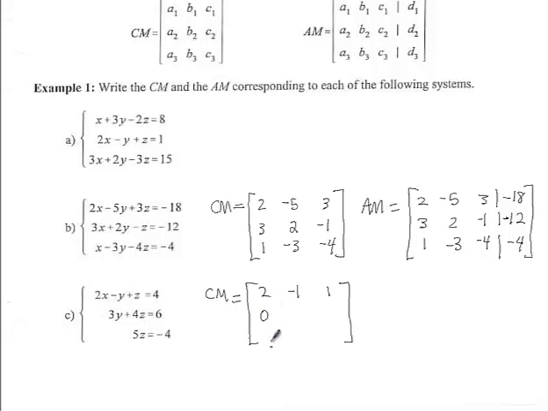We enter 0 in the x column, in the first column, for the second row. And the third row, there is no x or y. So zeros for both of those columns, the first two, and then we have a 5 for the z column.